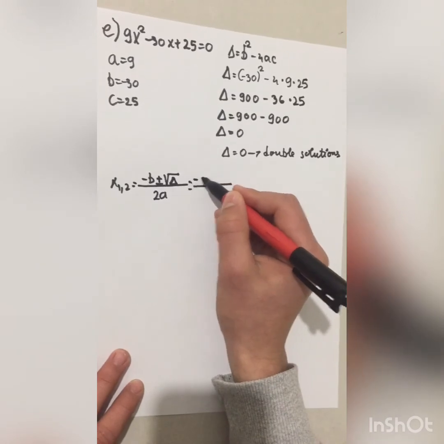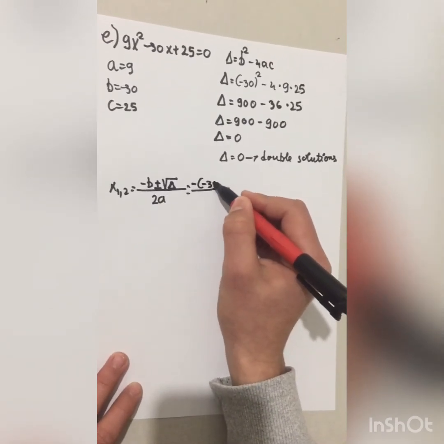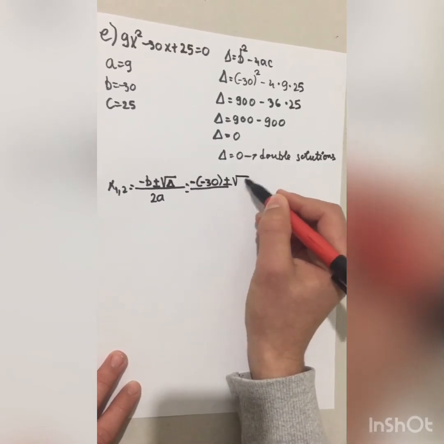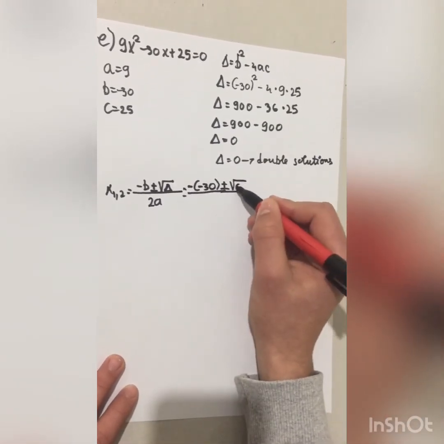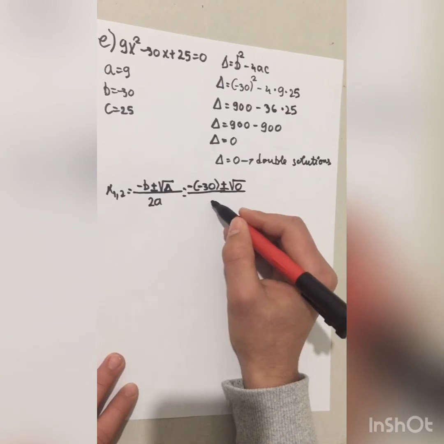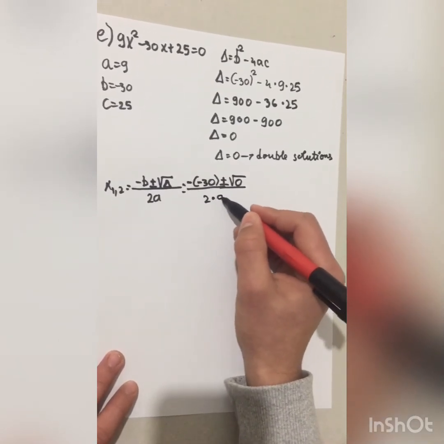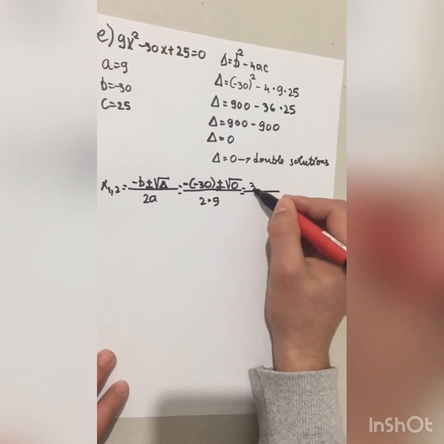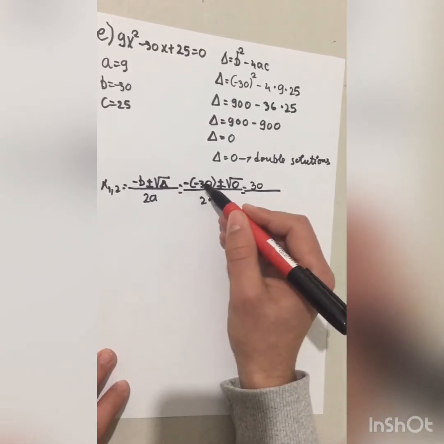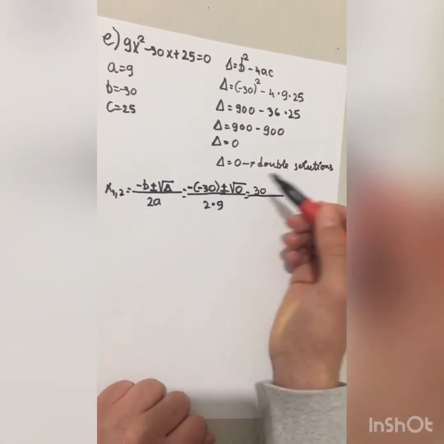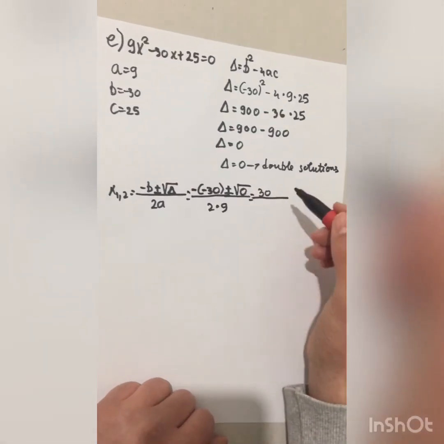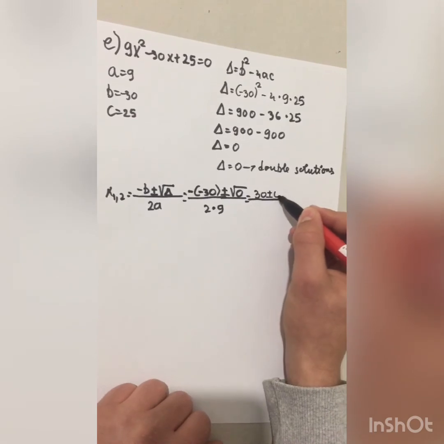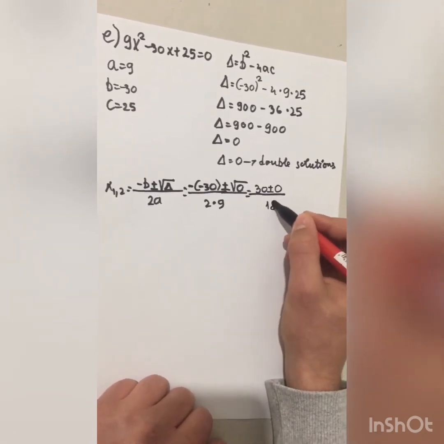Minus b is minus minus 30, plus or minus root of delta, in this case 0, over 2a, 2 times 9, because a is 9. Here it is 30 because it has a minus sign before the number. Two minuses make a plus. 30 plus or minus 0 over 18.